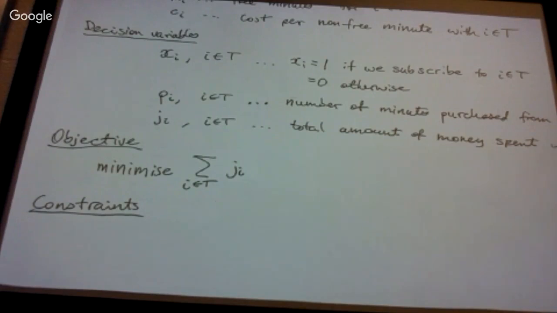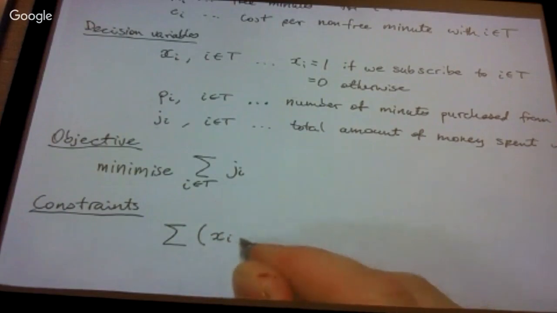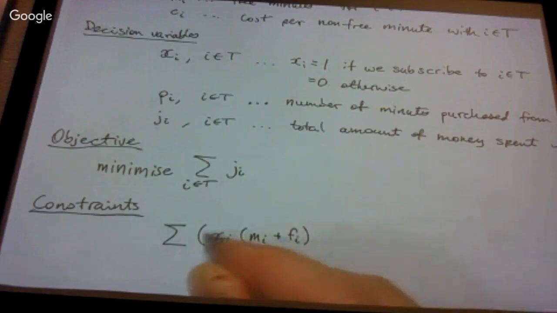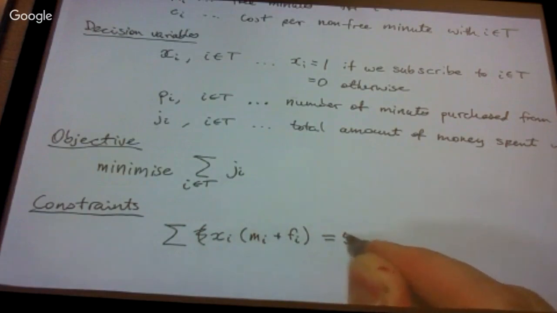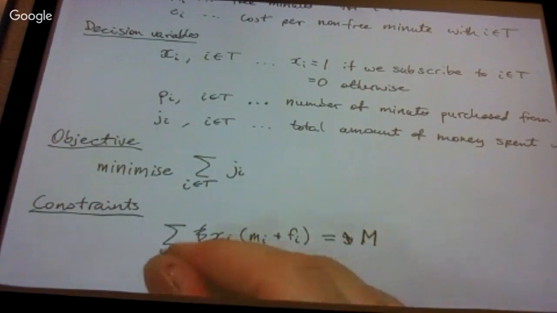The sum of XI times the bracket MI plus PI is equal to 500. Say it again. The sum of XI times the bracket MI plus FI, so the free minutes plus the additional minutes, is equal to 500. Well, 500 was big M, so let's stick to big M. And the sum is over all telecoms.